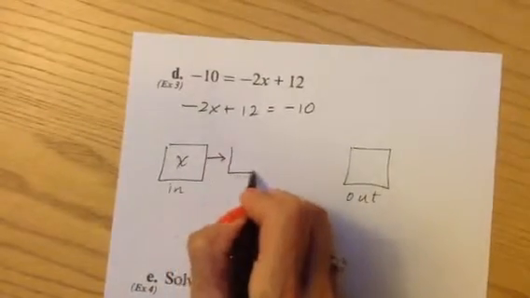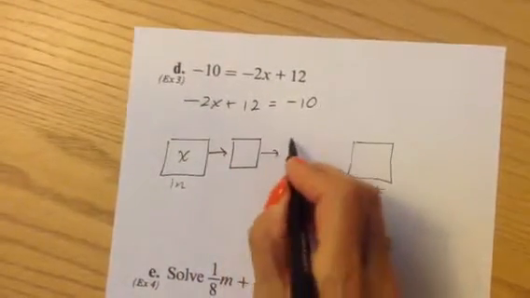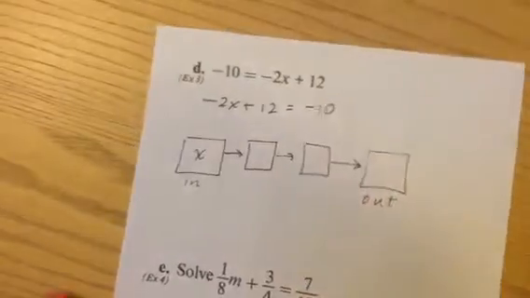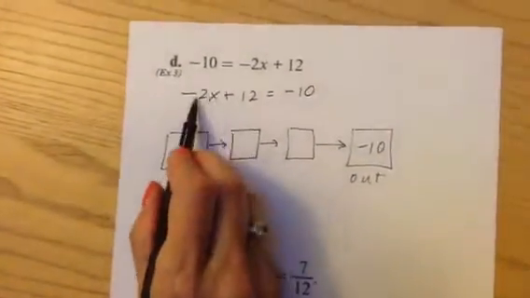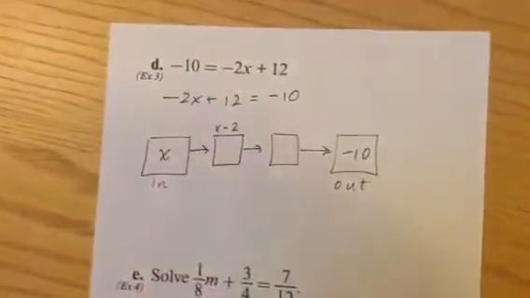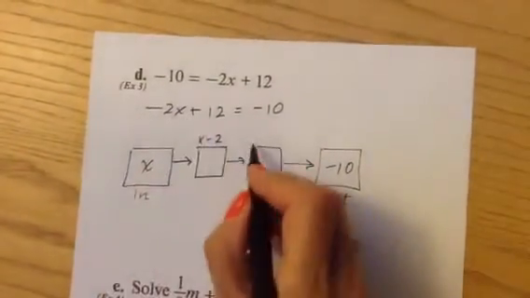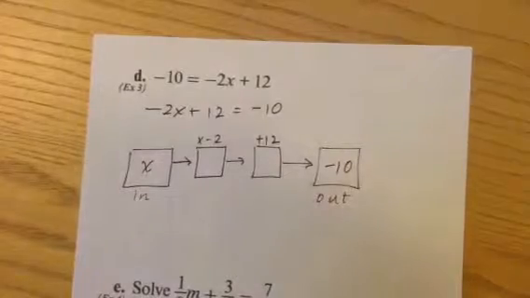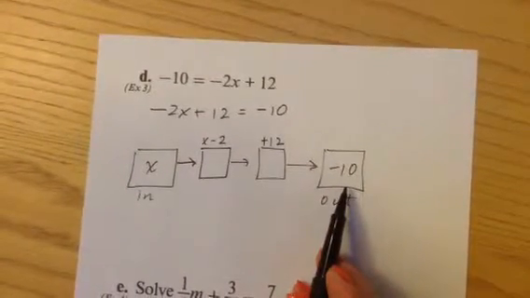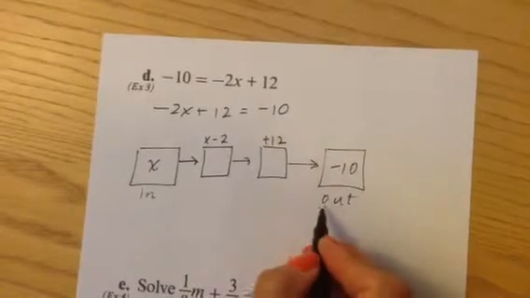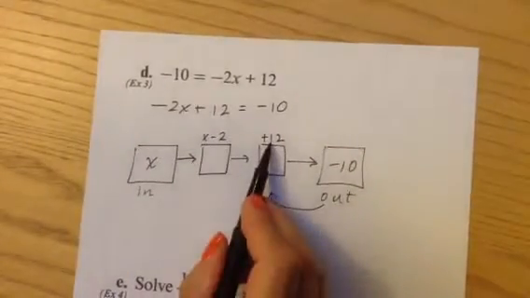And two things are going to take place. Two things are going to happen to the x before we get to the output of negative 10. One is x is being multiplied by negative 2. And then we're going to add 12. So if we take that output of negative 10, we can just undo each step.